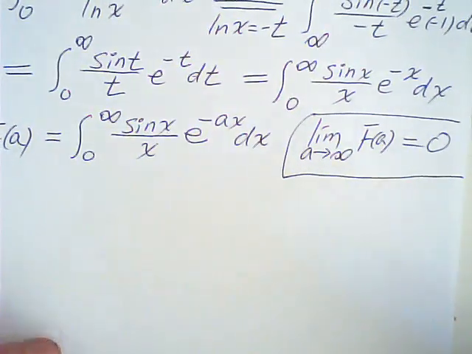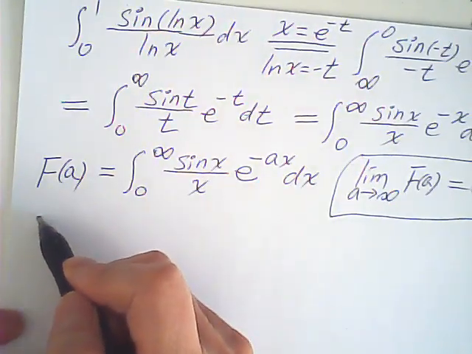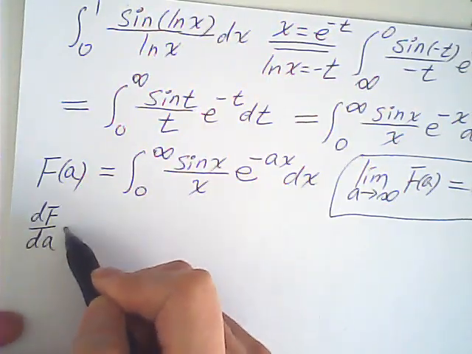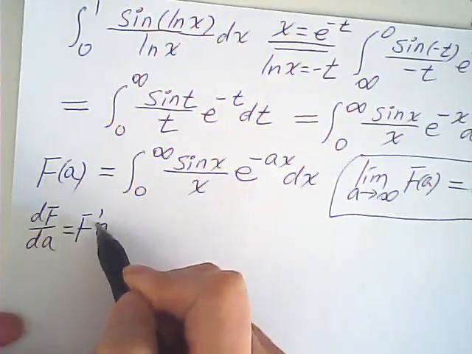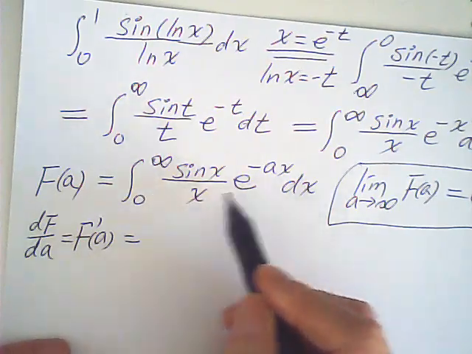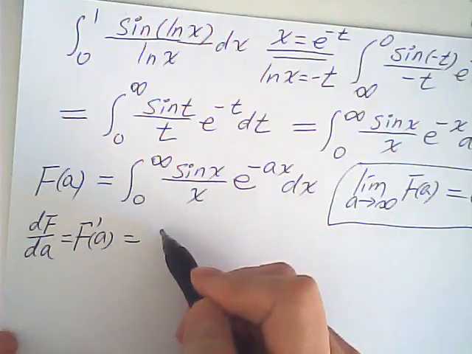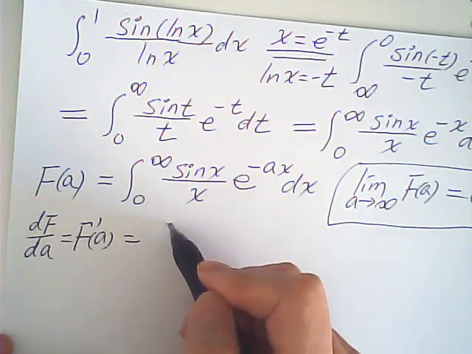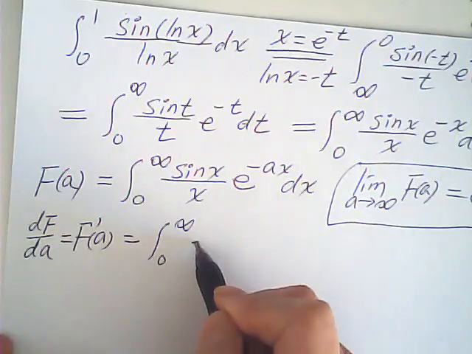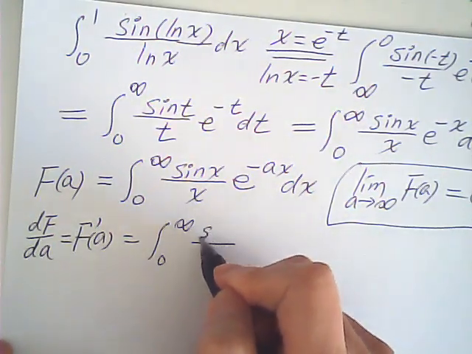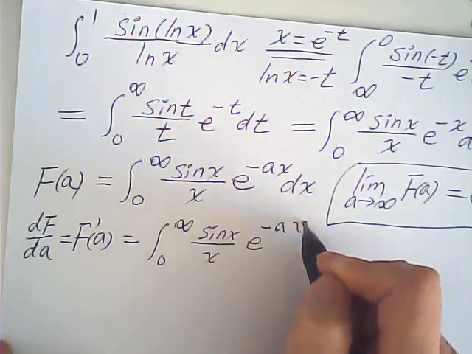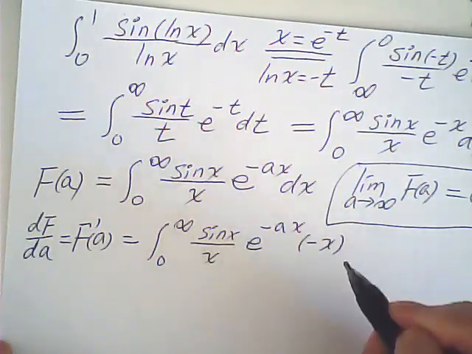Now then, I find the derivative of f with respect to a, or I write f prime of a, which is taking the partial derivative with respect to a. Well, x is constant, right? So this will be e to the negative ax times negative x, because x is constant.